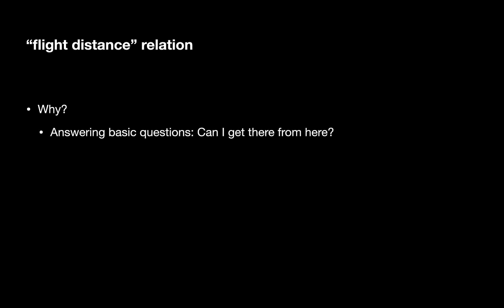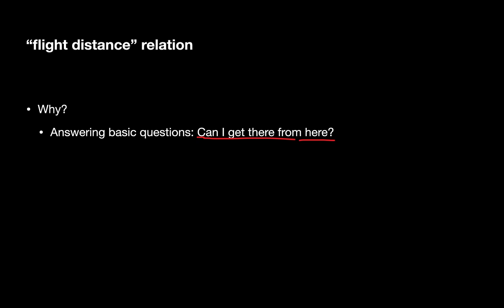Okay, so why might we be interested in this sort of relation? I've already answered this a little bit earlier. It can be used to answer several different questions. One of them is just the most basic question: can I get from one point to another? Can I get from here to there, or from there to here?